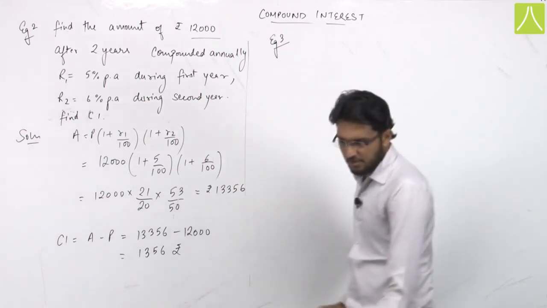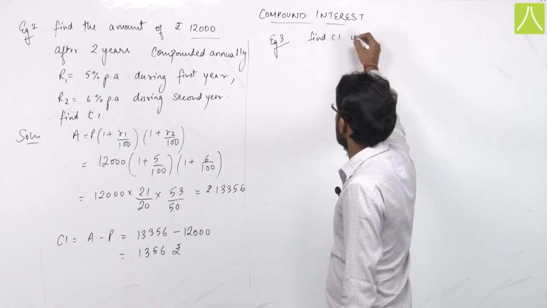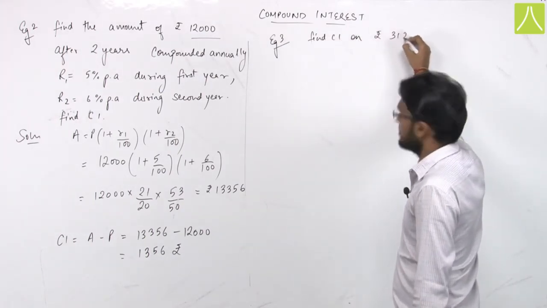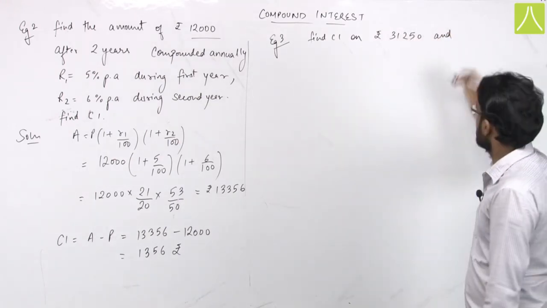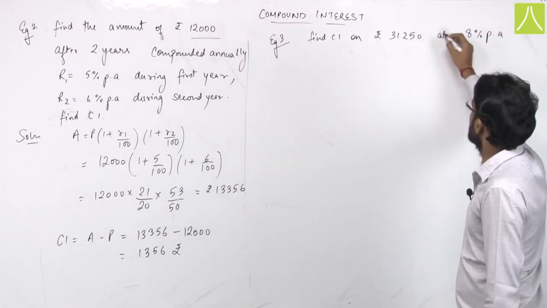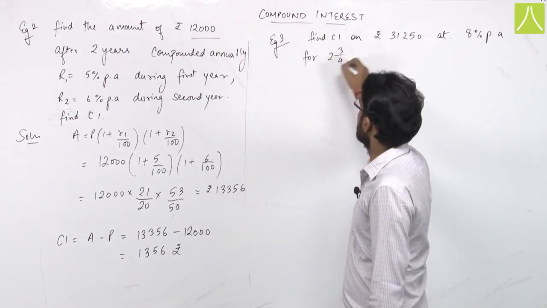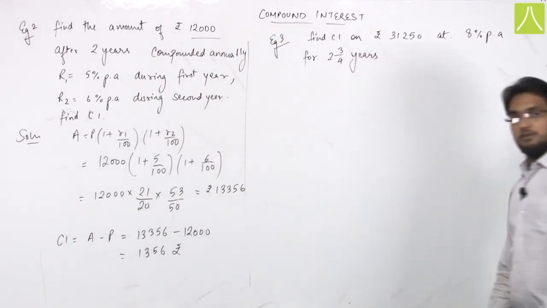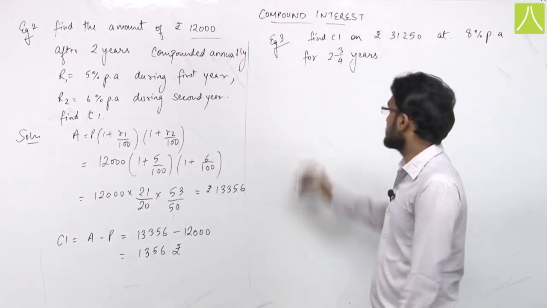Let us see another example in which we have to calculate the compound interest. Find compound interest on the principal given, 31250, and the rate of interest is 8% per annum for 2 3/4 years. Now in this question the time is given in fraction form, a b upon c, and I have already told you the formula used to calculate the amount.